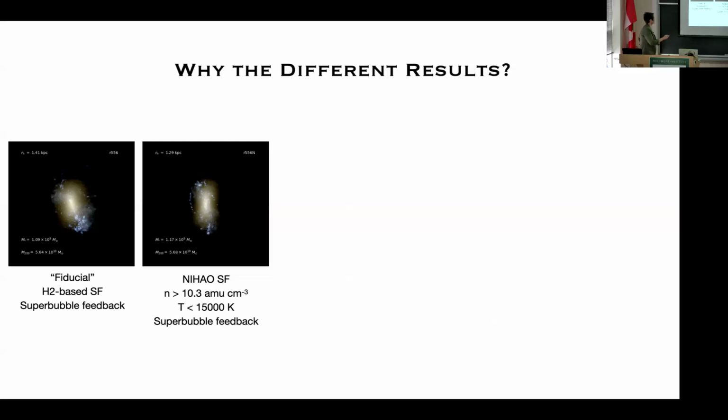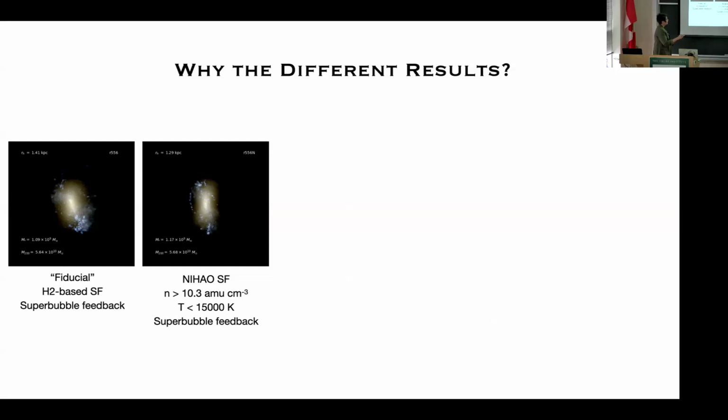Okay, so here is our fiducial run. This is the result I've been showing you. We have a star formation model that follows the formation and destruction of H2 and requires that H2 is present for stars to form. It also has something called superbubble feedback from Ben Keller's models.